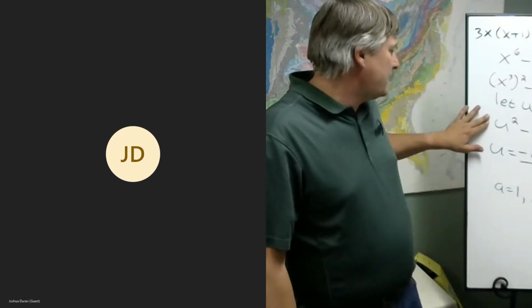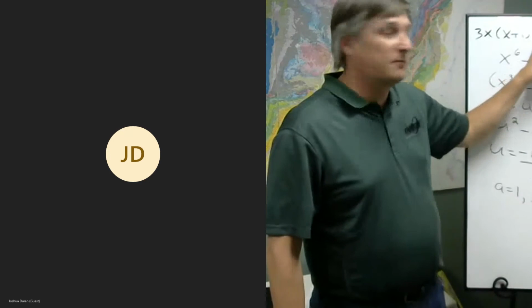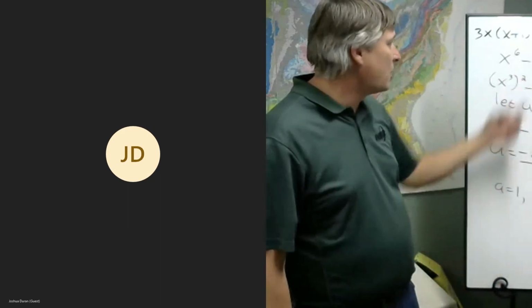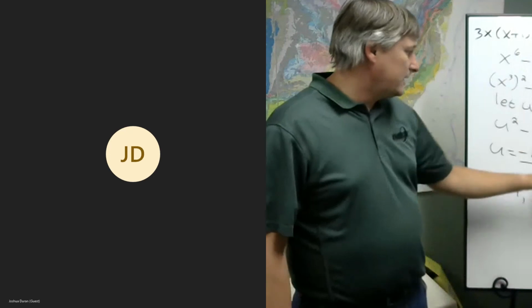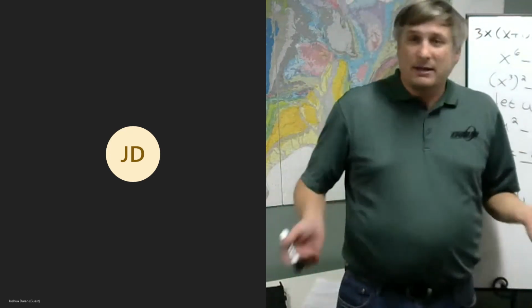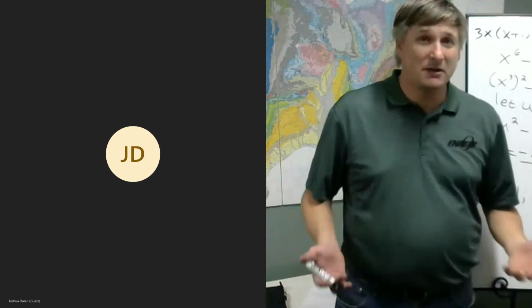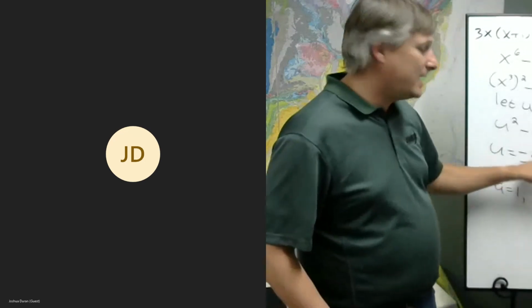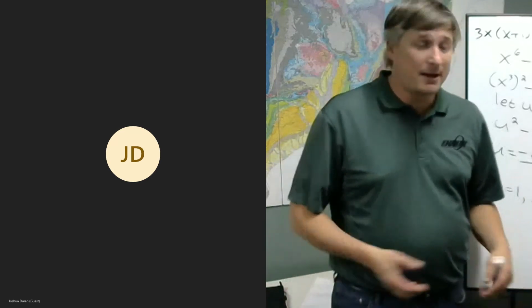If you've got a quadratic expression like this, or this one here for that matter, if we were to solve for x, we would use the same sort of setup. Let's take a look at what's going on underneath the square root. What can happen is if b squared minus 4ac is negative, that means we're taking the square root of a negative. Chapter 7, are we going to be able to do that?